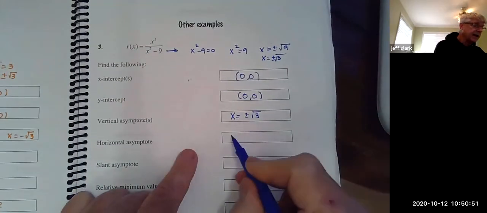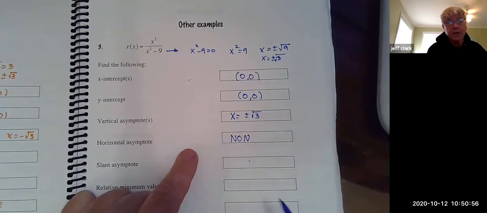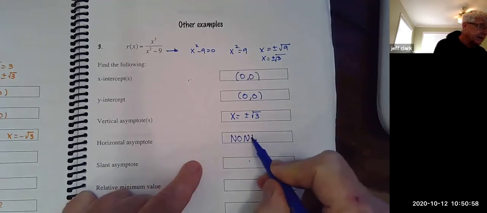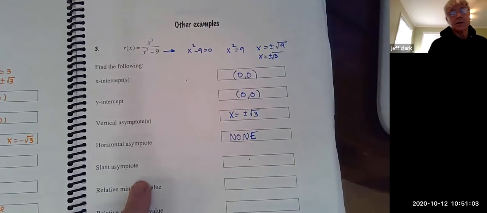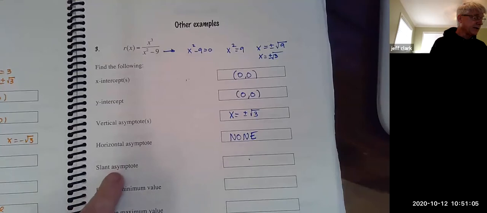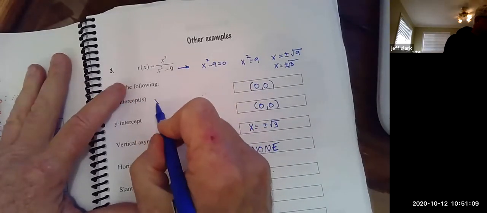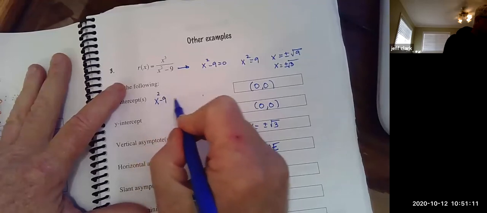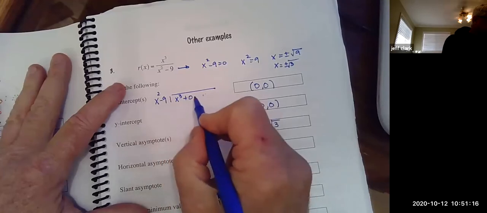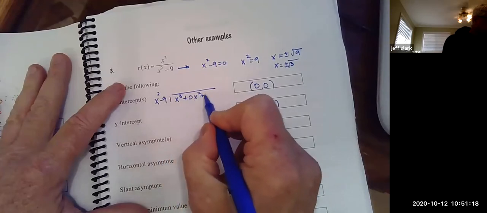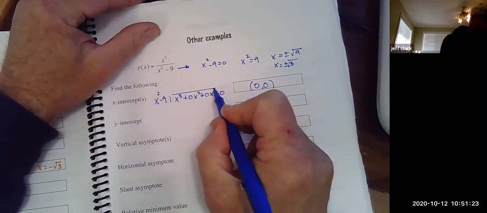Horizontal asymptote, none again, because the numerator power is bigger than the denominator. Slant asymptote, yes, there is actually. So what you'll do is long division on the slant asymptote, and I'll do it up here. x squared minus 9 goes into x cubed, and no x squareds, and no x's, and no constant.